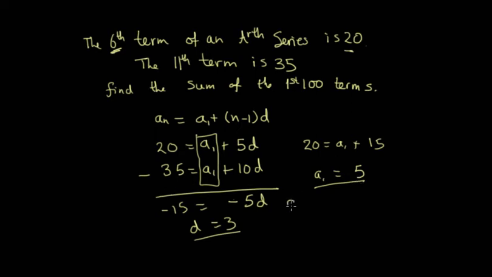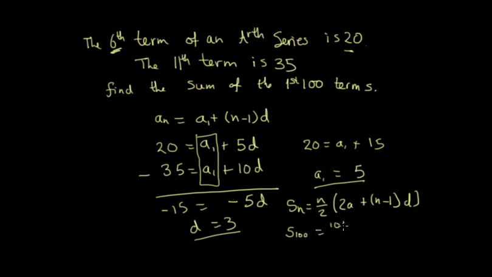So here we now take Sn equals n over 2 times [2a plus n minus 1 d]. We know all these different pieces of information, so we just slot them in because we want to find S for the first 100 terms.